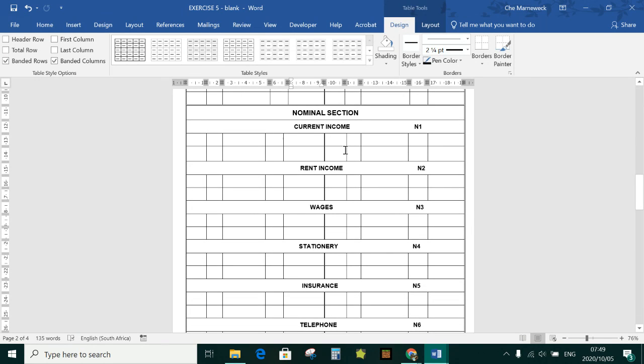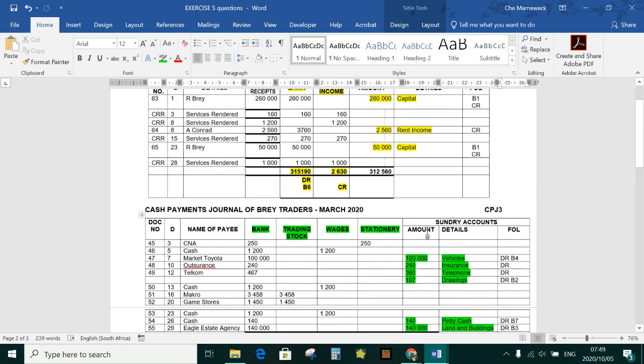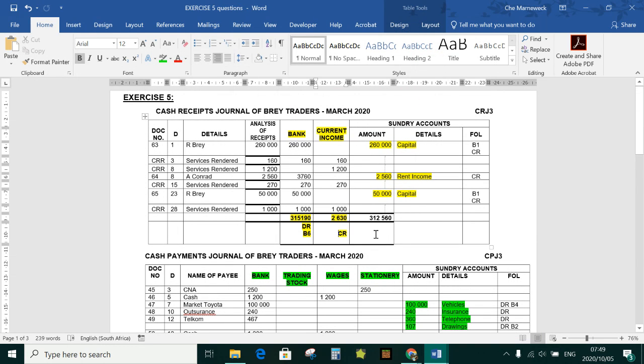So we're looking at income and expenses. We start with our income, current income. So that's over here, which will be N1. We take the column total.